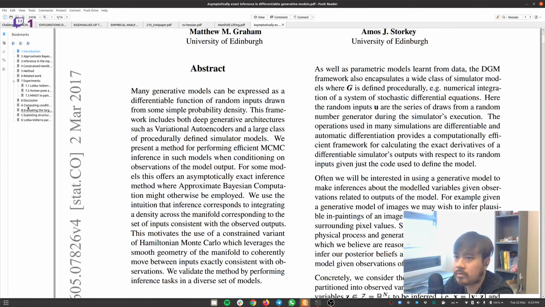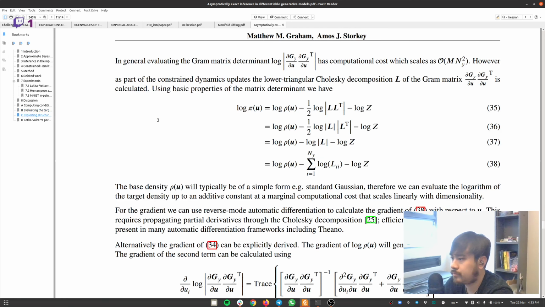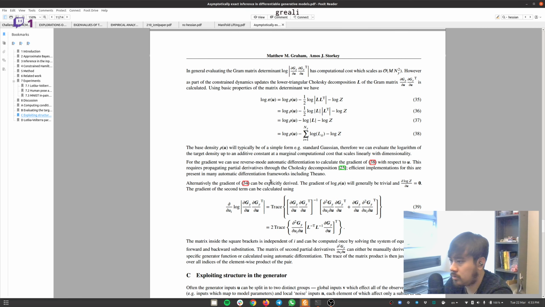Yes, I thought this paper. You see, the matrix of the second partial derivative can be manually derived. So it would be here though. No, isn't it? Okay, let me refresh this a little bit.